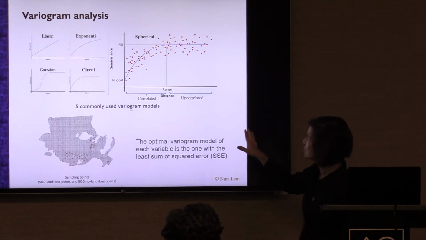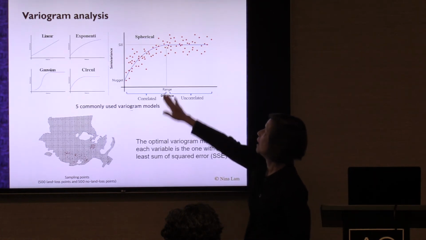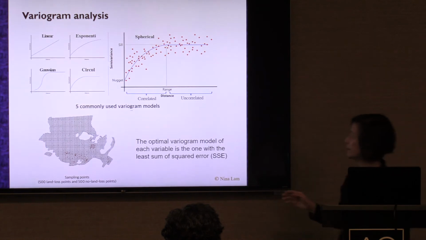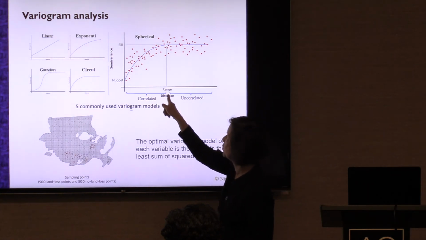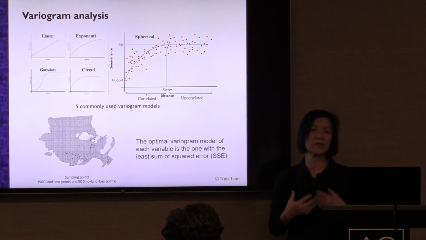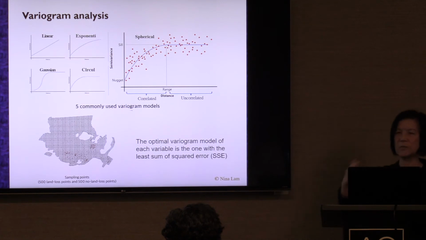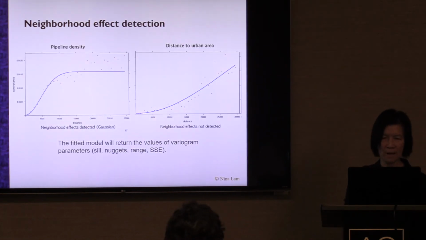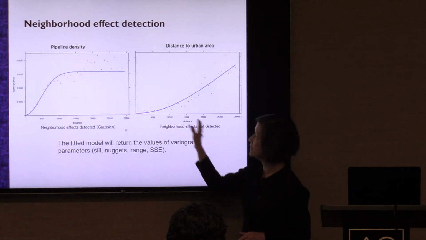Okay, so for almost every single variable, we look at how the variogram looks. If you see something like this, then we can use this range as the neighborhood distance to be incorporated into the model. This is a comparison of two different variables.